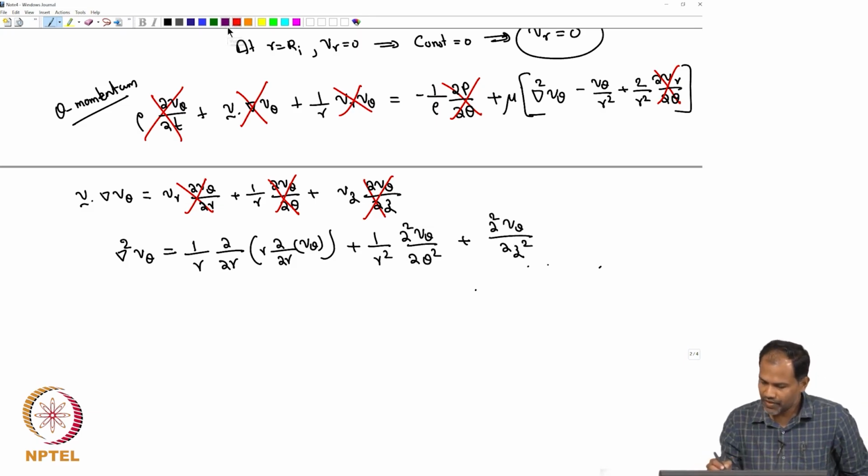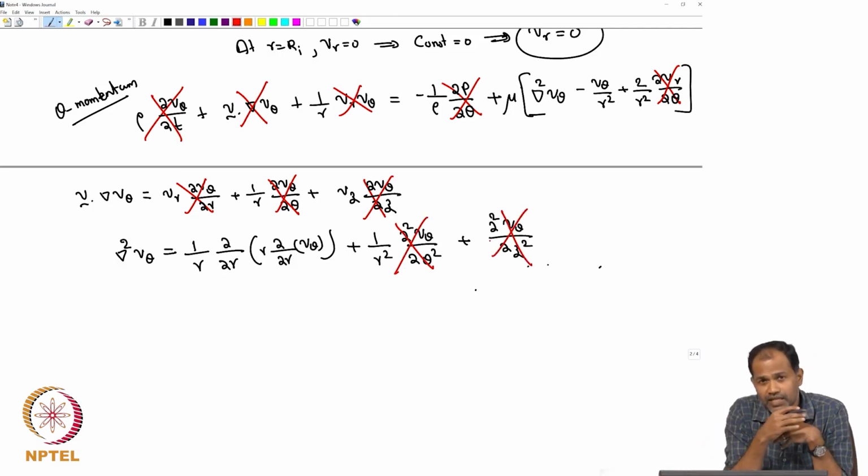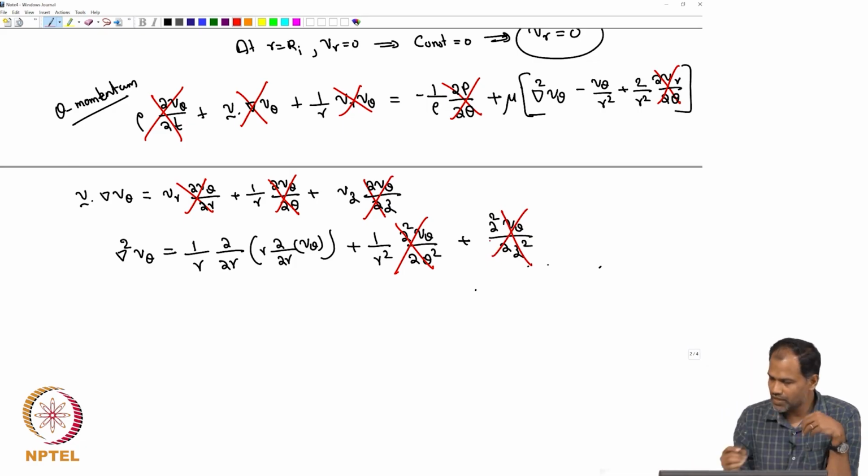By definition these two quantities are 0 because we have assumed that del by del theta and del by del z are 0. So only the first term remains.